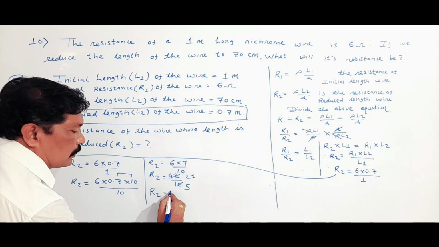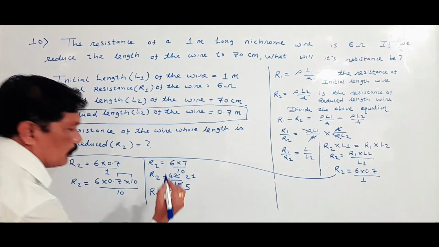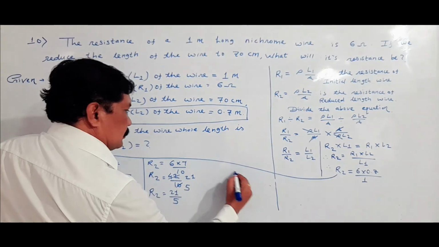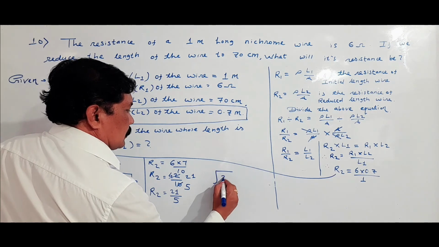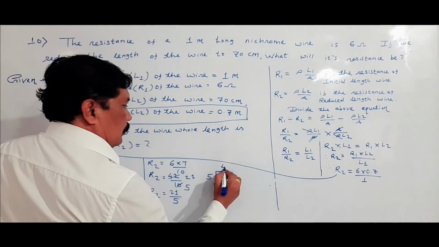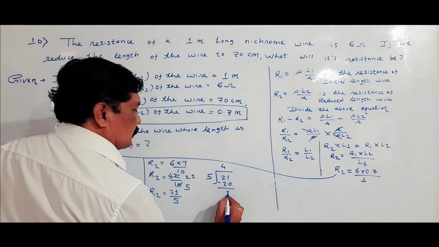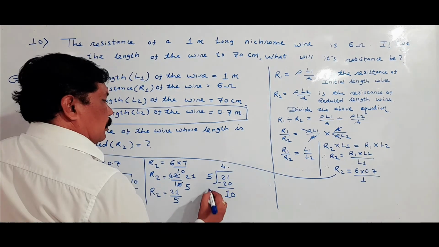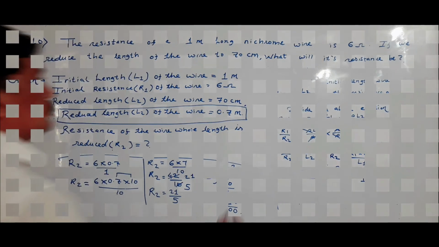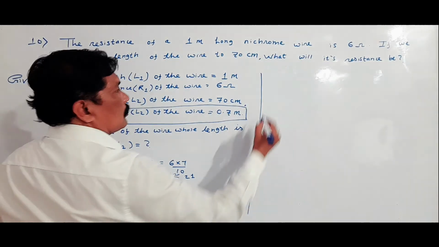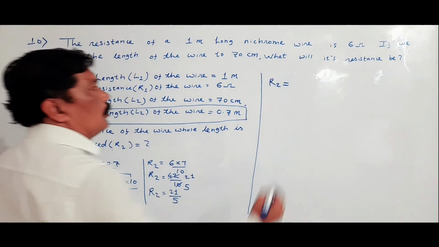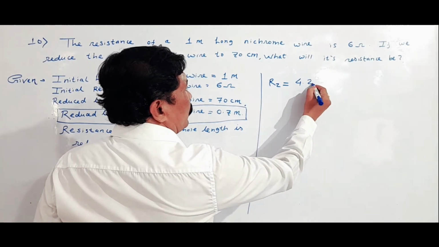R2 is equal to 21 by 5. R2 is equal to 4.2.